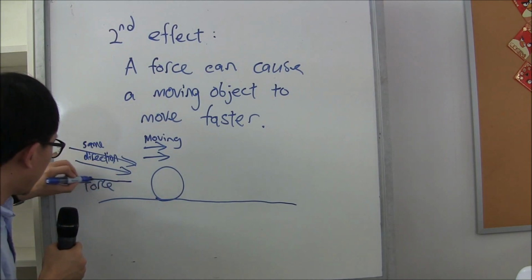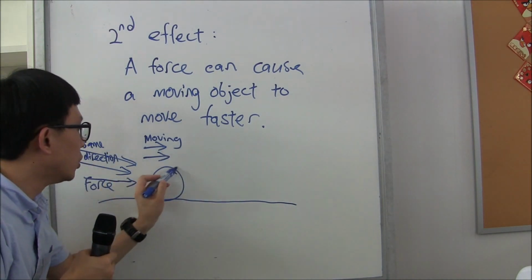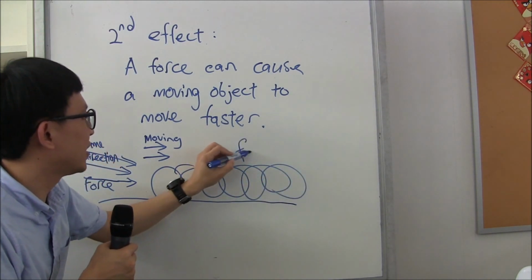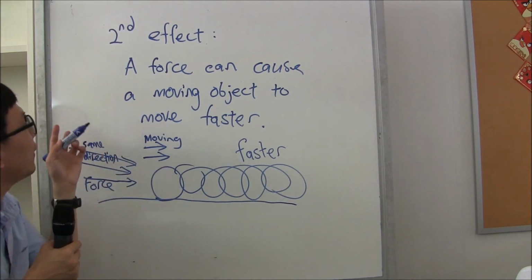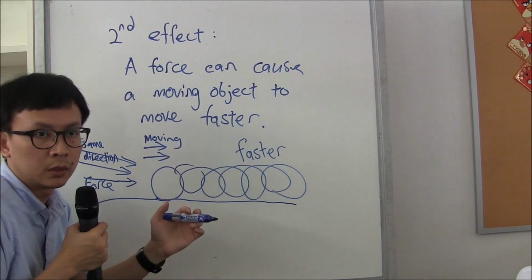Let's say we just apply the force in the same direction. The ball will move faster. The second effect of a force: it can cause a moving object to move faster.